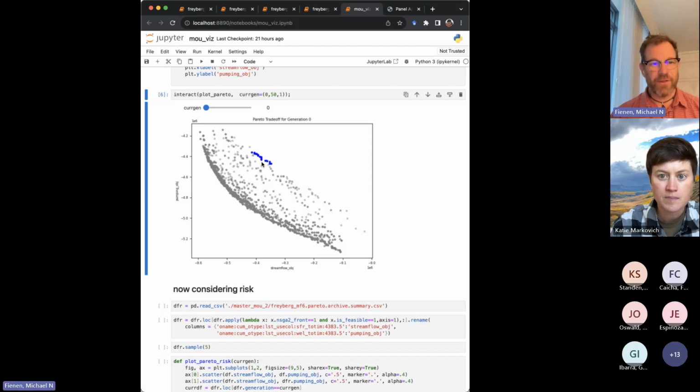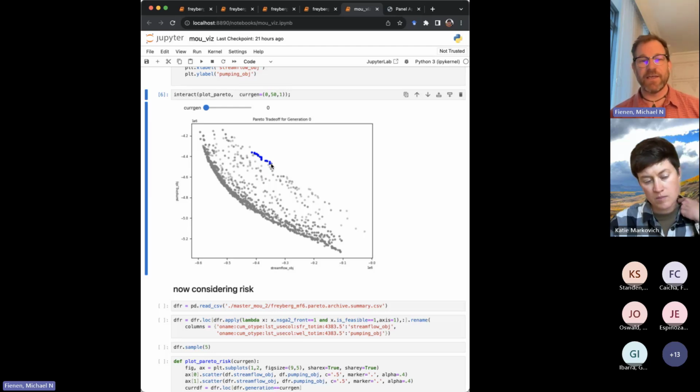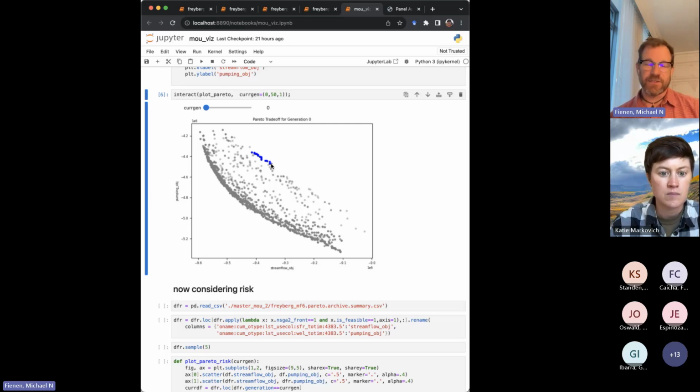When we started out the algorithm, we started with a parameter set, and we ended up with actually only a few individuals that made it through the optimization for that generation. That's partly because some of these are infeasible. Infeasible means that it violates one or more of the constraints, and this is very strict. If it violates any constraint, it's considered infeasible. You may have a pretty wide range of, say, pumping rates that you're allowing for your decision variables.